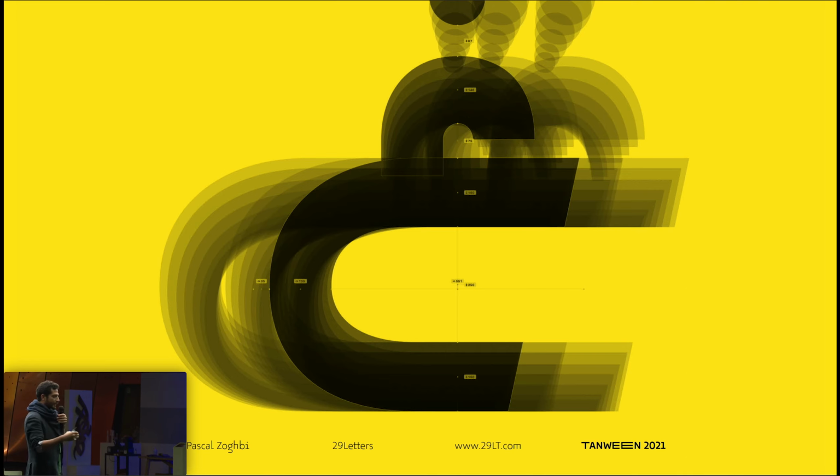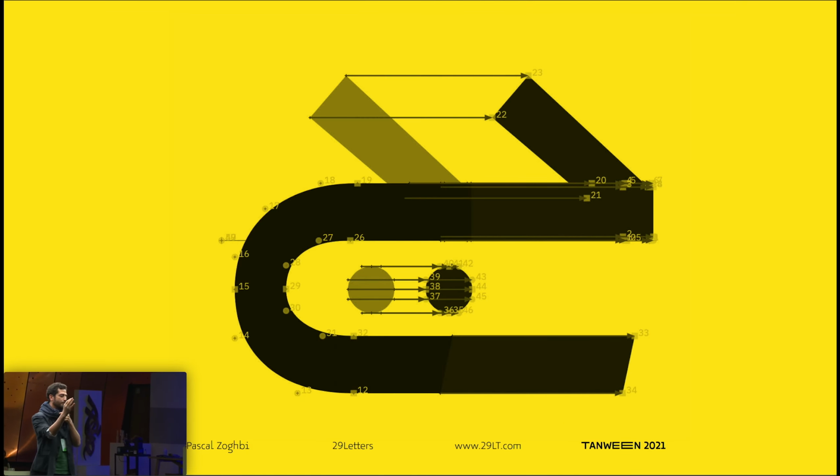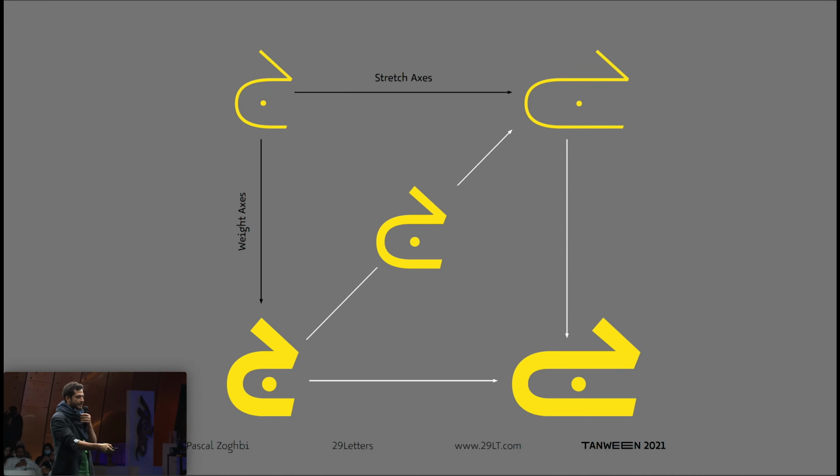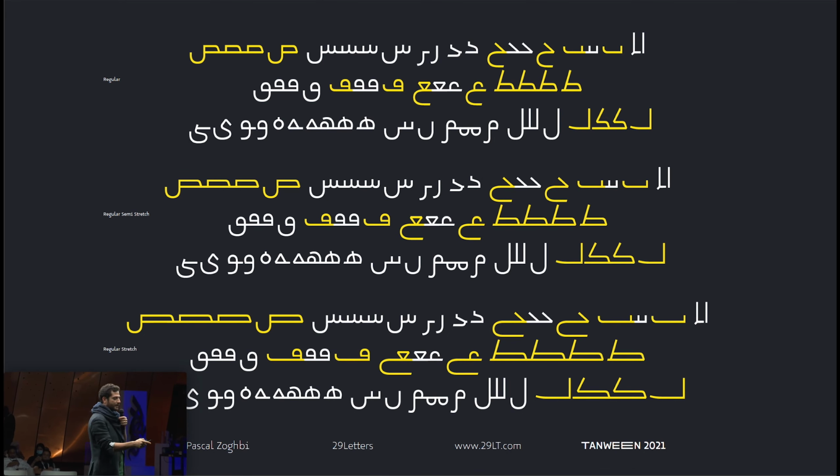So again, here we go back to this jim, for example, stretching from being narrow to being super wide using variable font technology. And here you can see it in this script, from thin to bold and from normal to wide. This also applied to the Latin, which comes later. But here you can see that we didn't apply this technique to all the letters because not all of them can be expanded.